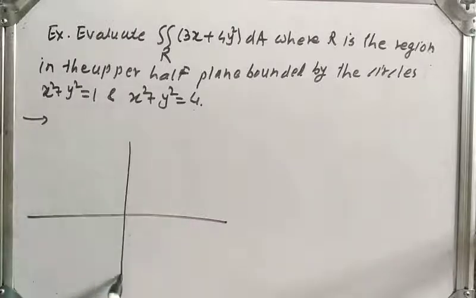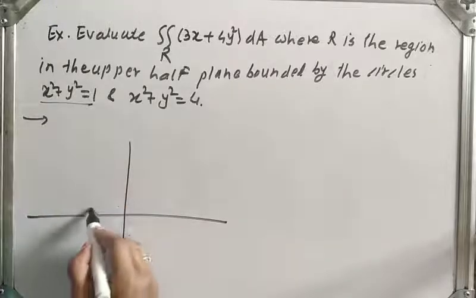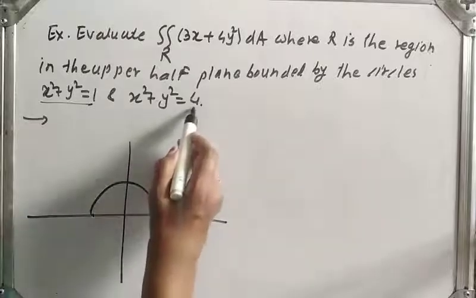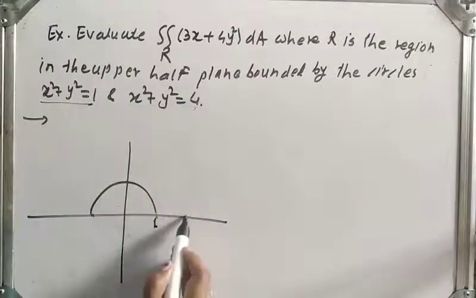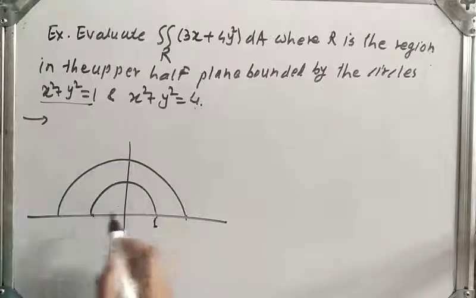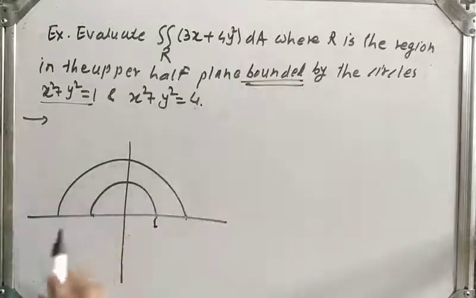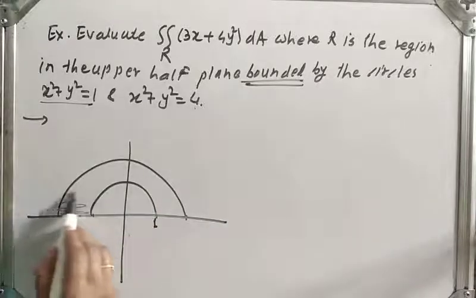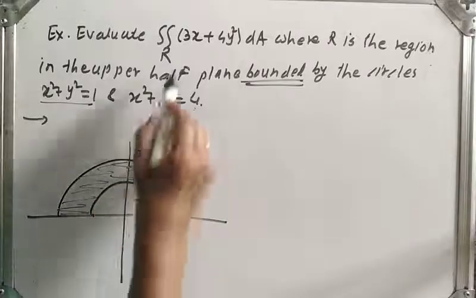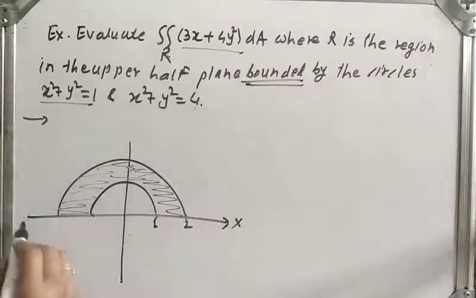First circle with radius 1, and second circle with radius 2. It is bounded by these two circles, which means the middle area is given. We have to solve this integration over this area.